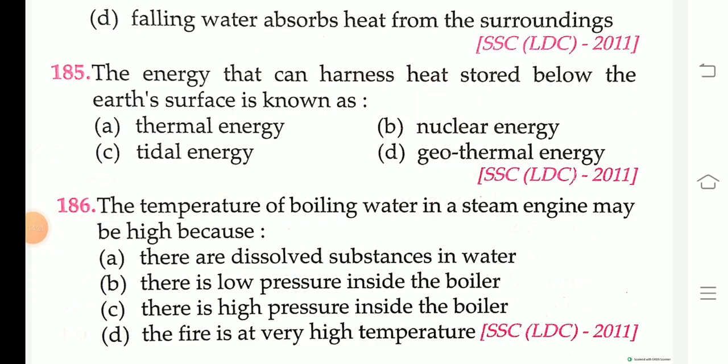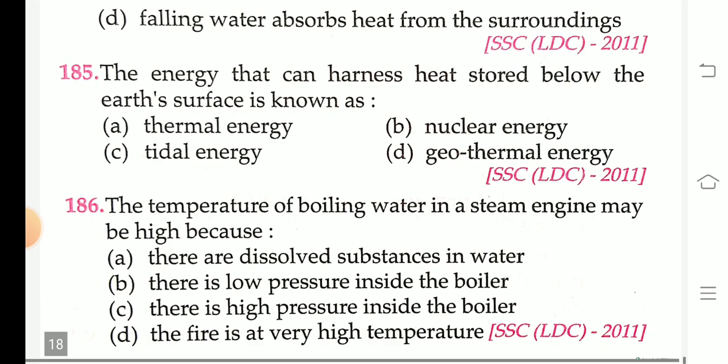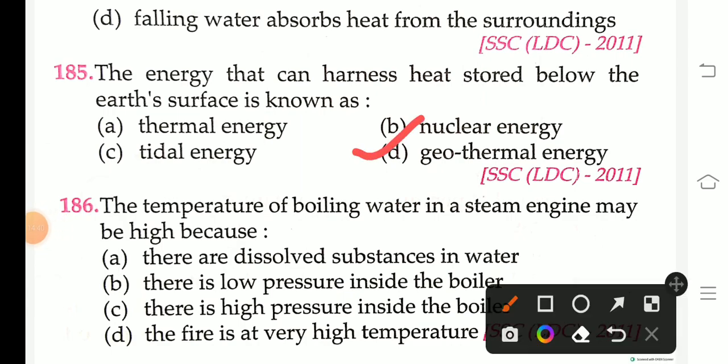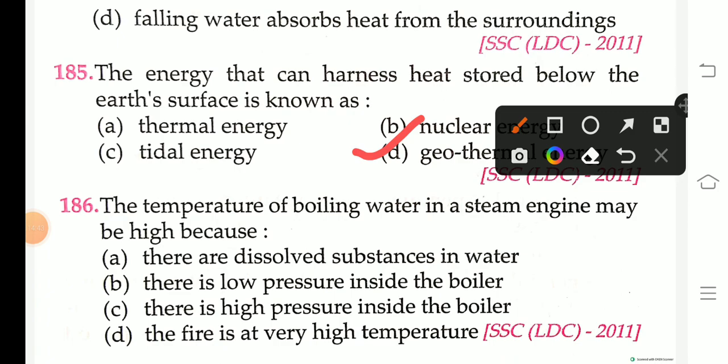Next, the energy that comes from heat stored below the earth's surface is known as, right answer will be option D, geothermal energy. Next and last question, the temperature of boiling water in a steam engine may be high because, right answer will be option C.